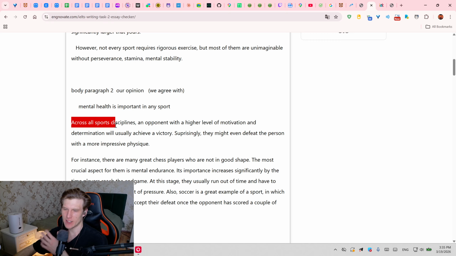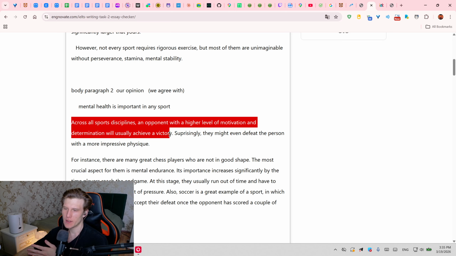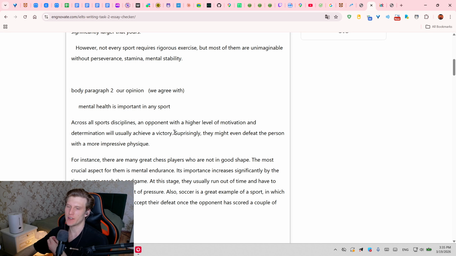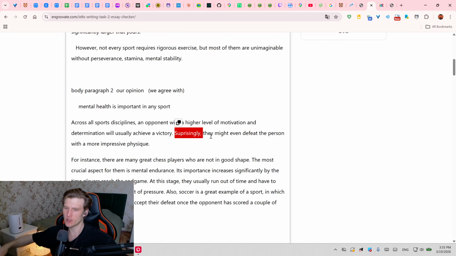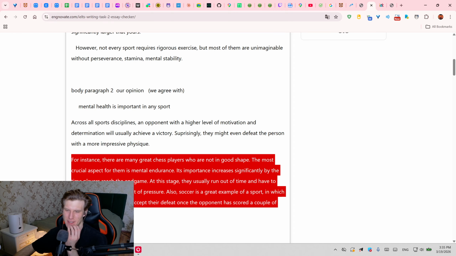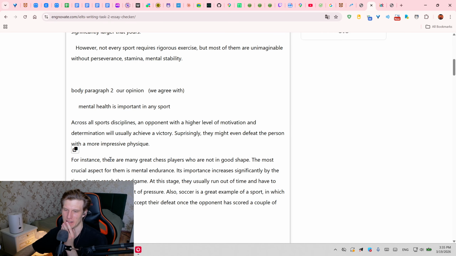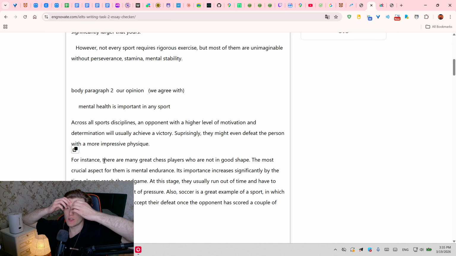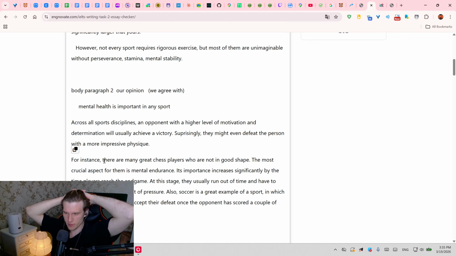Then we're explaining that across all disciplines it works, and even when your opponent might be physically bigger, might be physically stronger, might have a more impressive physique, you still can win because you're more determined and more motivated. The example is kind of too big, but that's fine. Are not in good shape, the most crucial.